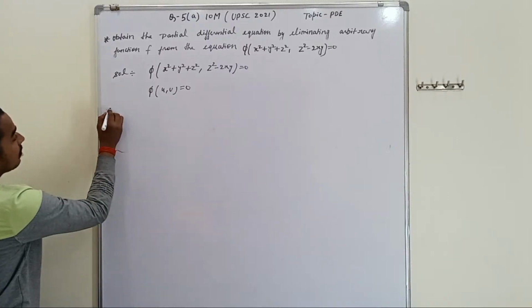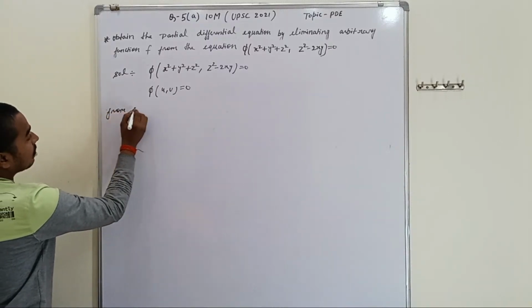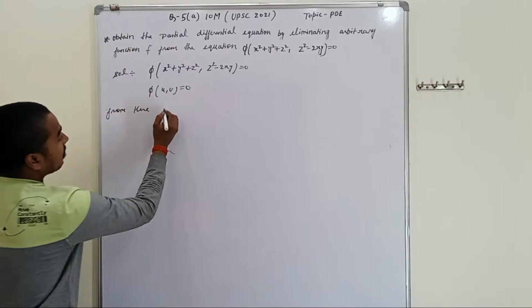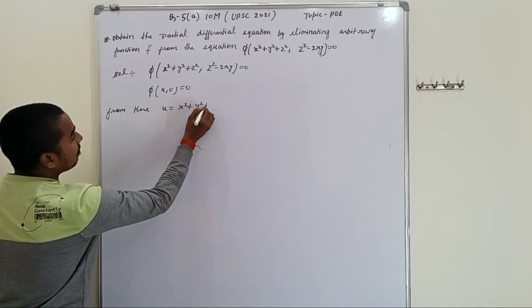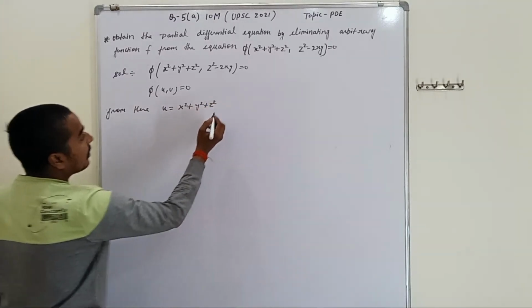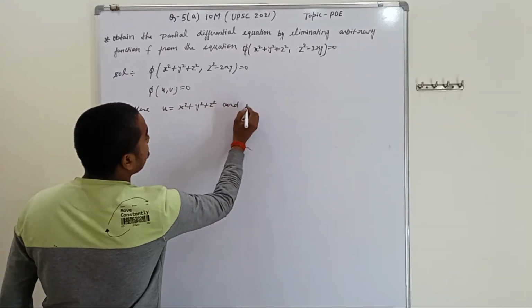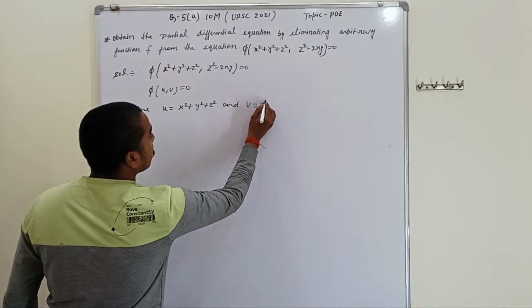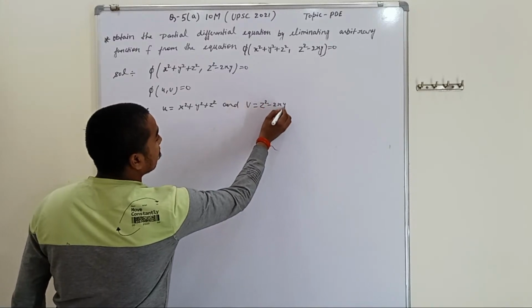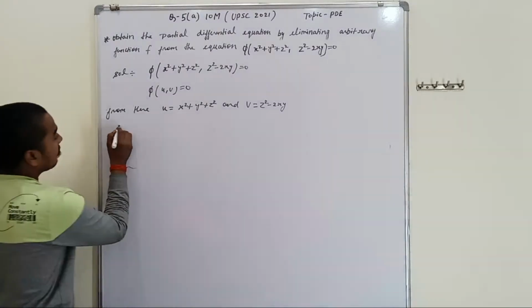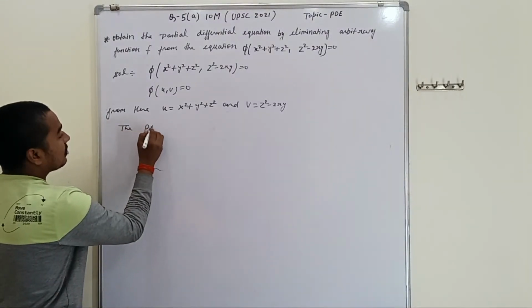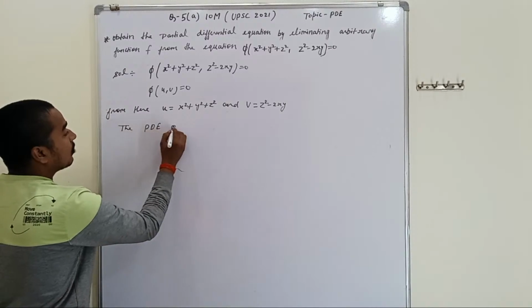From here, u is equal to x square plus y square plus z square and v is equal to z square minus 2xy.